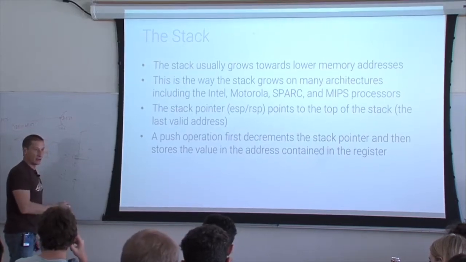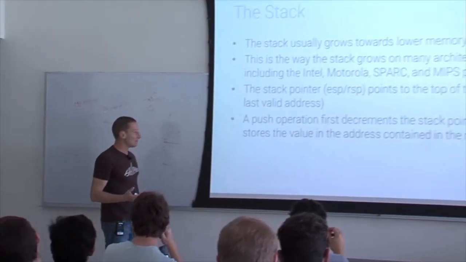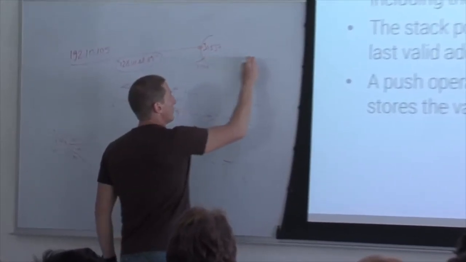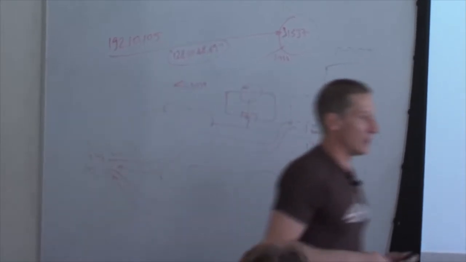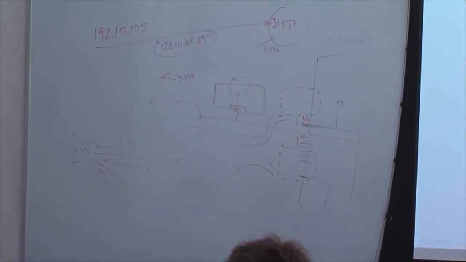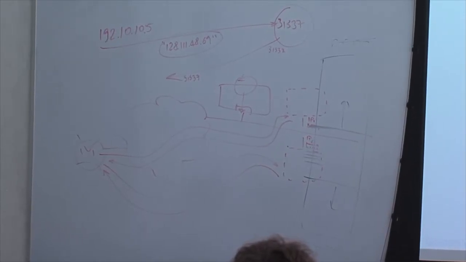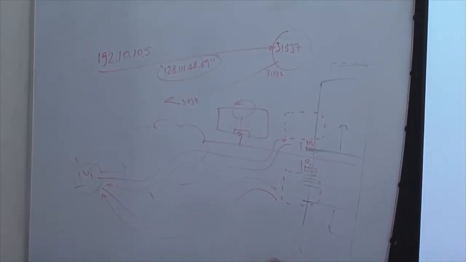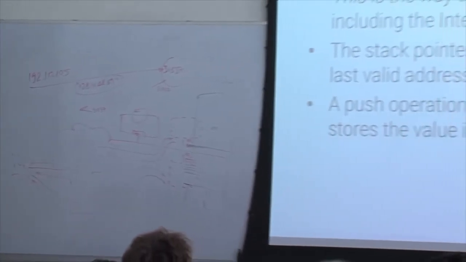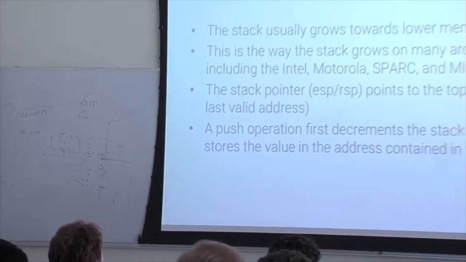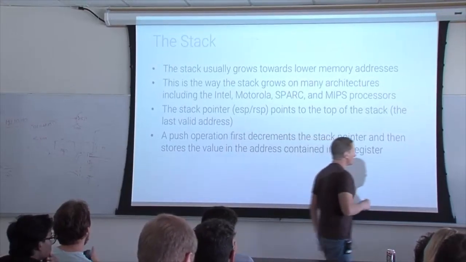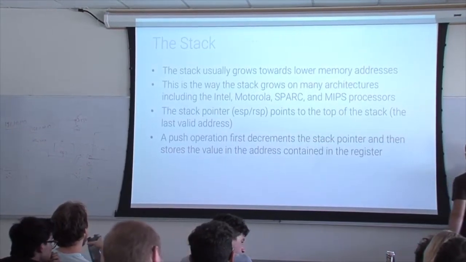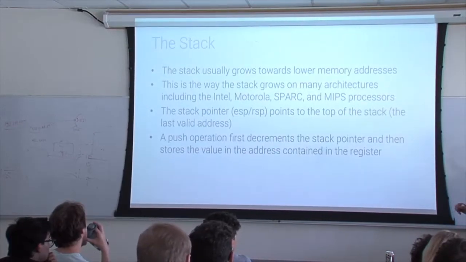To me, that's not a good way to do it. So I tend to represent memory with the high addresses on top. But have one mental image of what the memory is, and then go with it. It's a convention again. And so the stack grows this way, towards lower memory addresses.